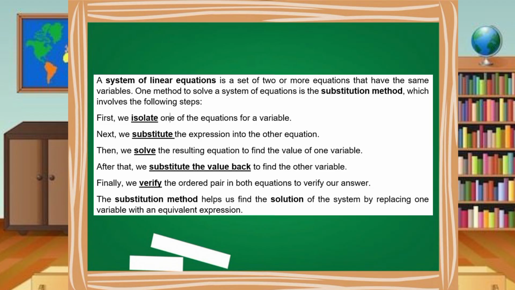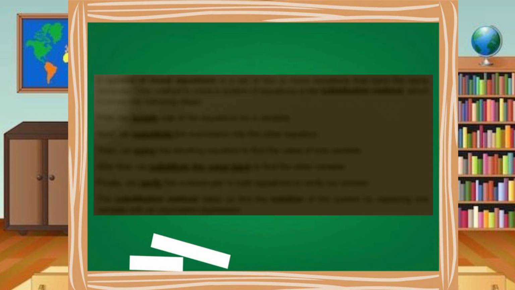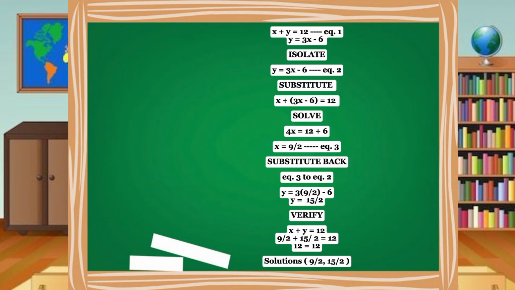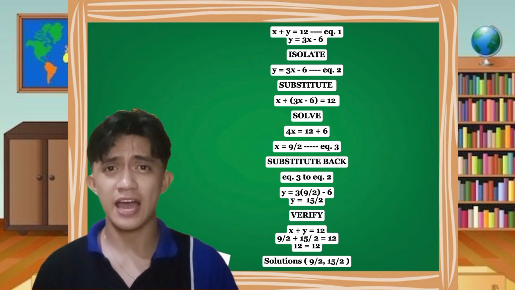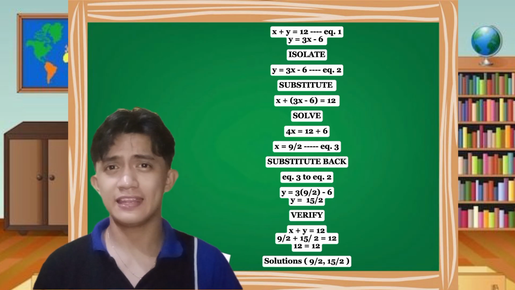Finally, we verify the ordered pairs in both equations to verify our answers. The substitution method helps us find the solution of the system by replacing one variable with an equivalent expression. In the substitution method, we have 5 steps.